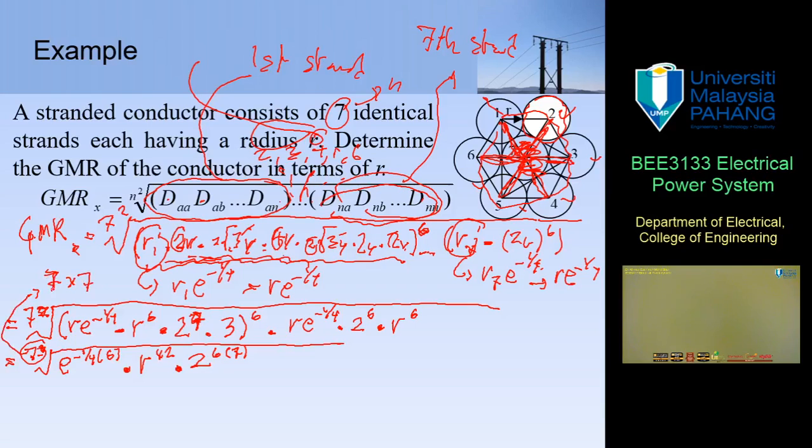So I'm taking out the 7 so that I can cancel. Then 3 to the power of 6, then we get another R7, then we get E minus 1 over 4 here again. Then 2 to the power of 6.